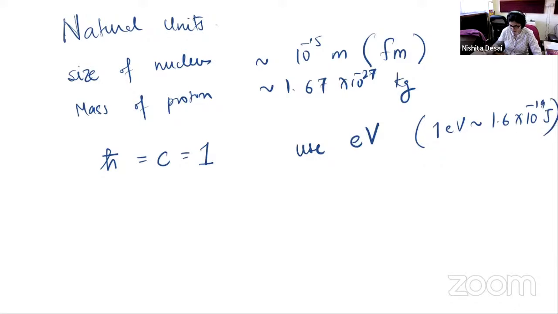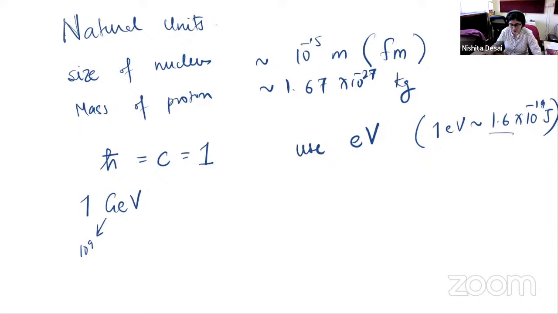So what does that translate into? The most common unit that we will be using is the giga electron volt. Giga is 10 to the 9, and so 1 giga electron volt is 1.6 times 10 to the minus 10 joules.